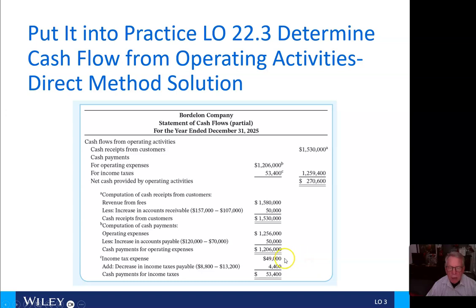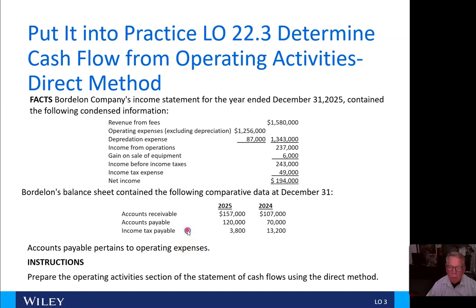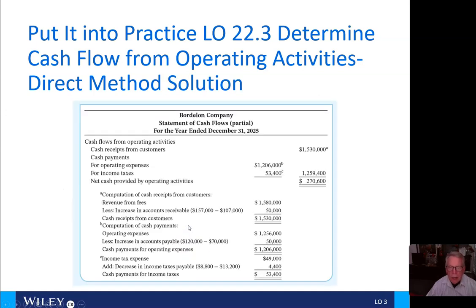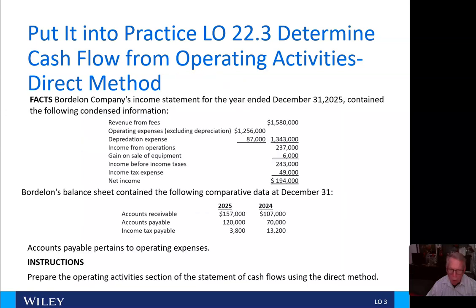We have income tax expense. We're going to add the decrease in income taxes payable, and we get that here. That gives us the cash payments for income taxes. Notice again, we did not include depreciation, although it was given in the problem. It was not pertinent to doing the direct method, whereas it is in the indirect method.